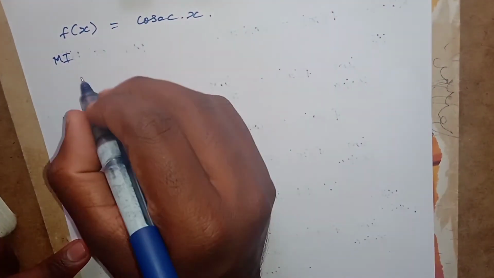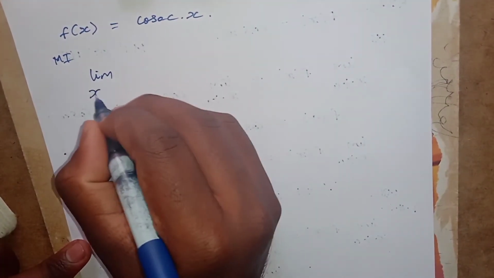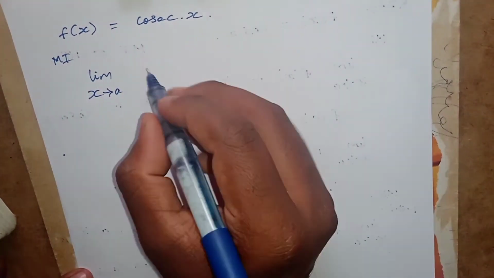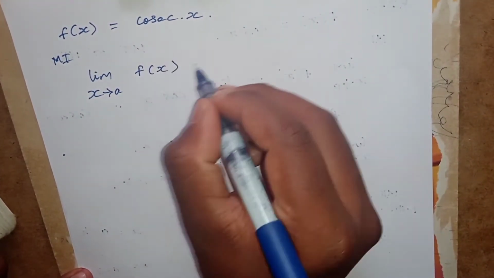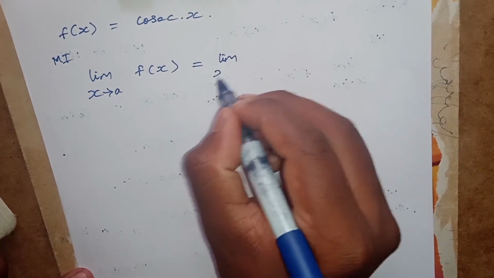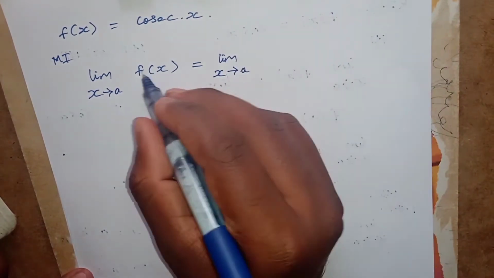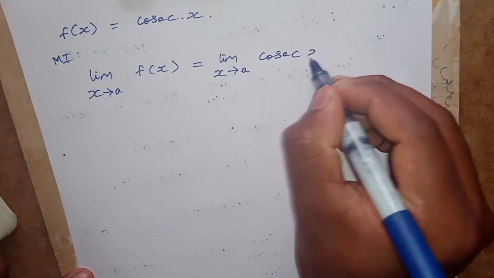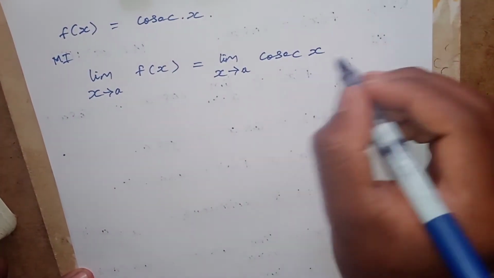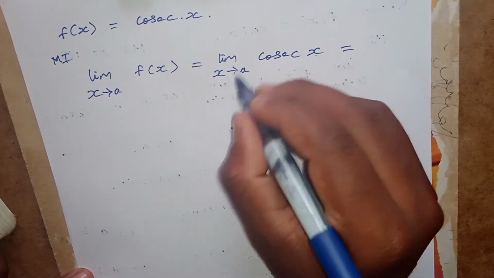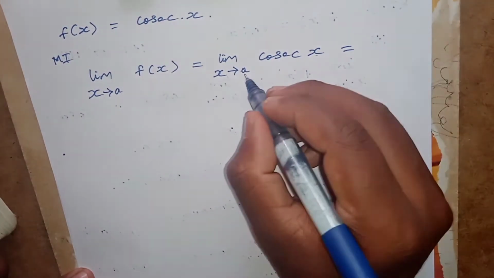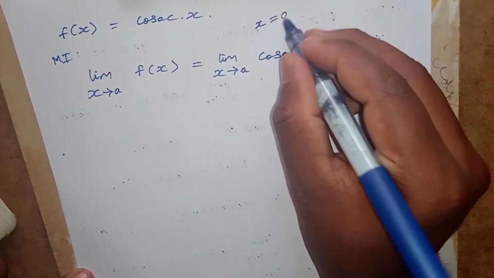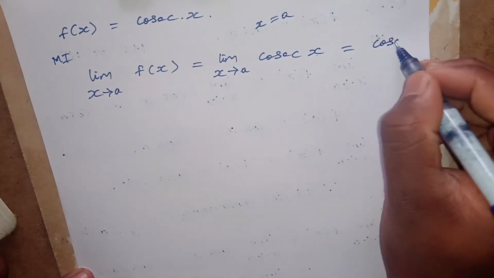Method 1: limit x tends to a, f of x is equal to limit x tends to a. In the place of f of x we substitute cosecant x. Again in the place of x you substitute the value of x, here x is equal to a, therefore cosecant a.